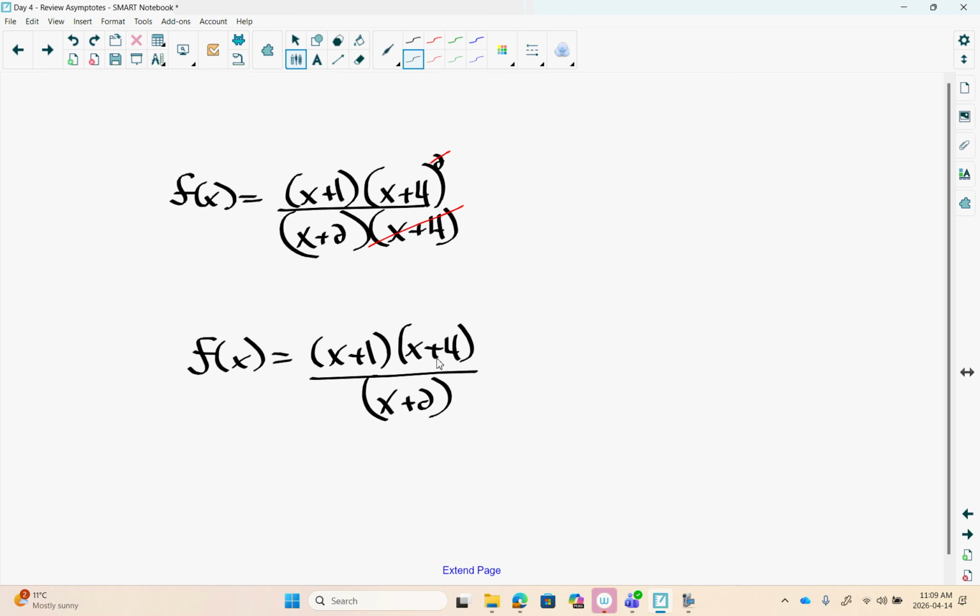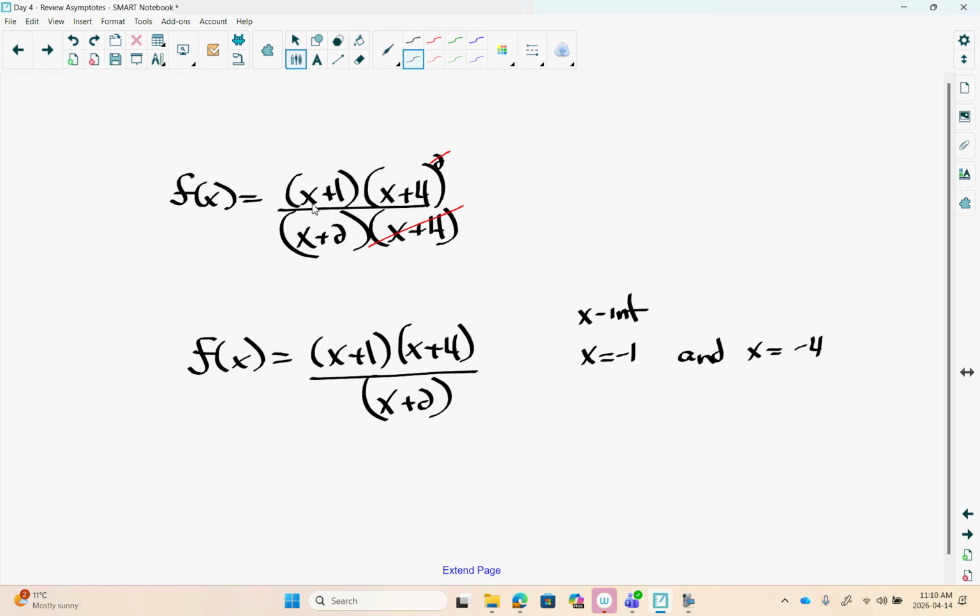There's still an x plus 4 in the numerator. There would be an x-intercept at x equals negative 1 and x equals negative 4, the zeros of the numerator. No hole. Vertical asymptote at x equals negative 2. X-intercepts at x equals negative 4 and negative 1.